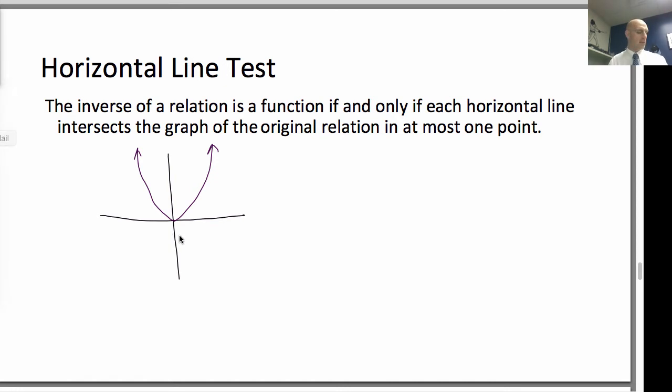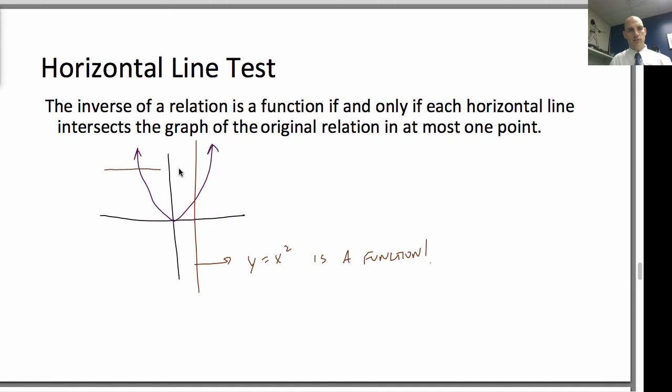And I look at this and I ask, is it a function? Well, check it out. Vertical line test means y equals x squared is a function. Okay? Vertical line test says touches at one point. Okay?